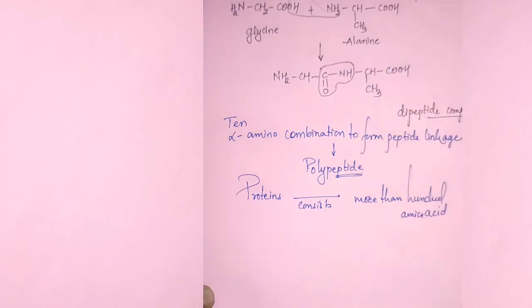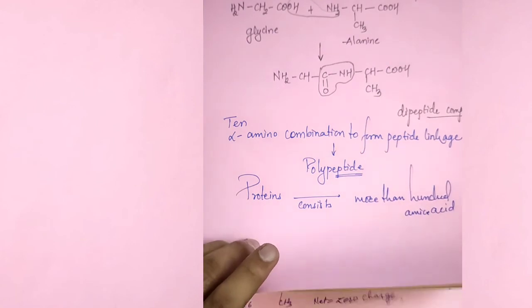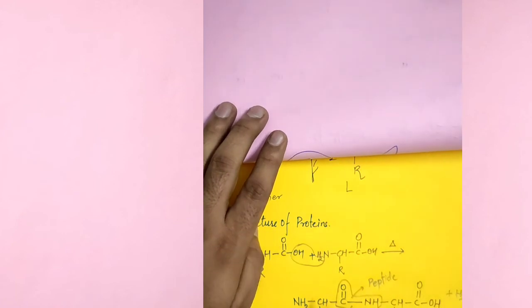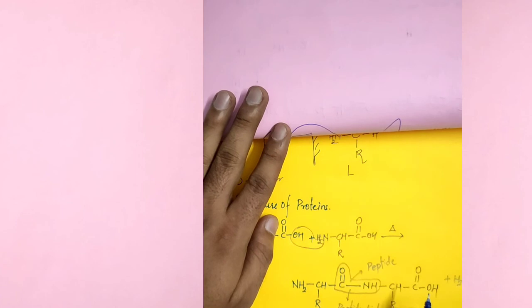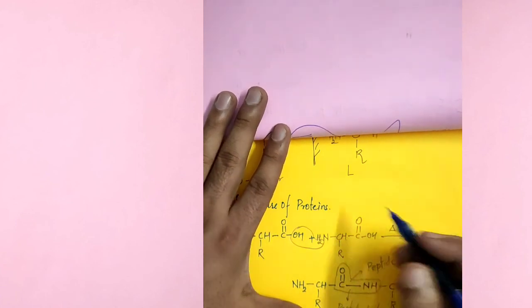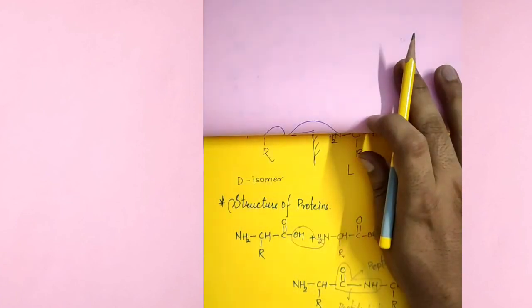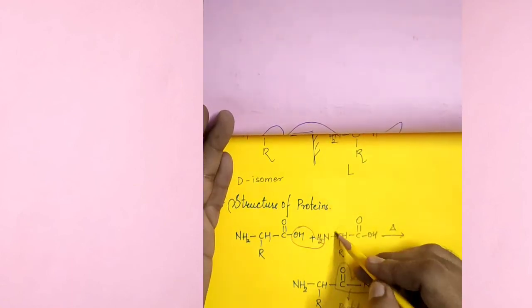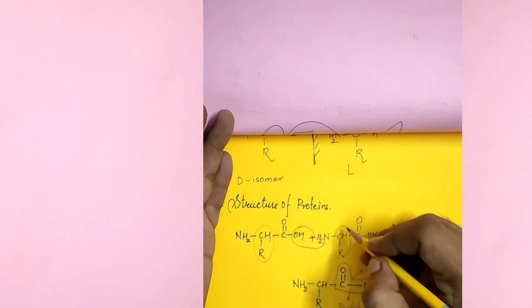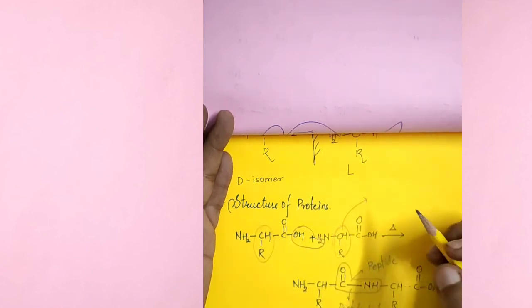If I talk about this general one, that is CHR, this CHR is said to be an alpha amino acid residue.